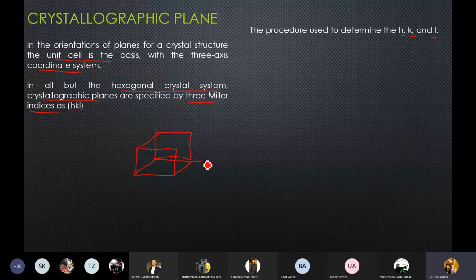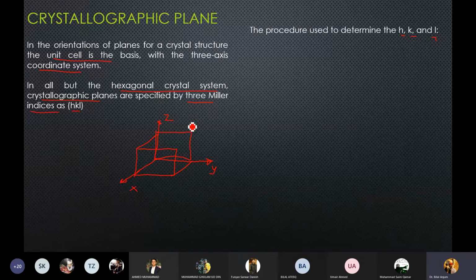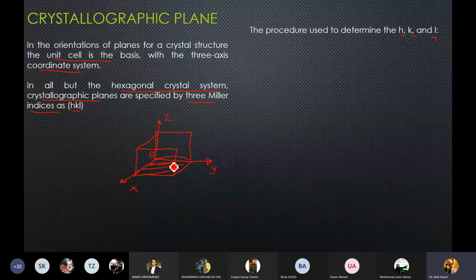Before I take the plane, I'll specify my axes: this is the positive y-axis, this is the positive z-axis, and this is the positive x-axis. And let's say I highlight a plane. This is my origin, and I select this plane. This is the plane I am interested in.